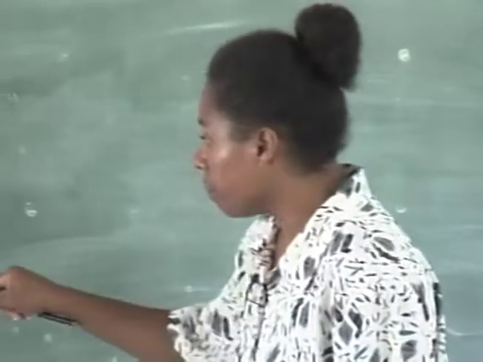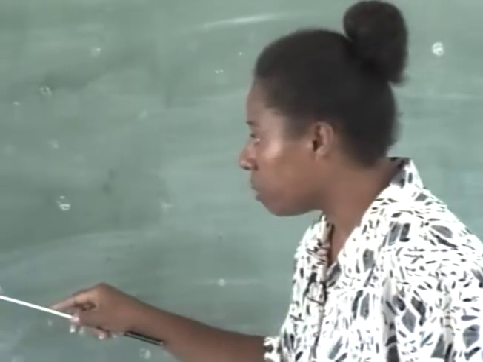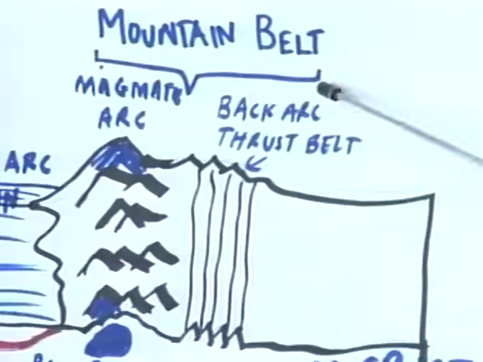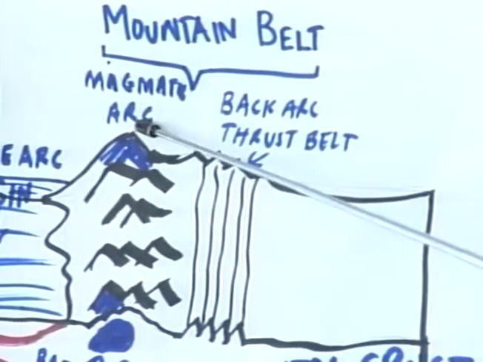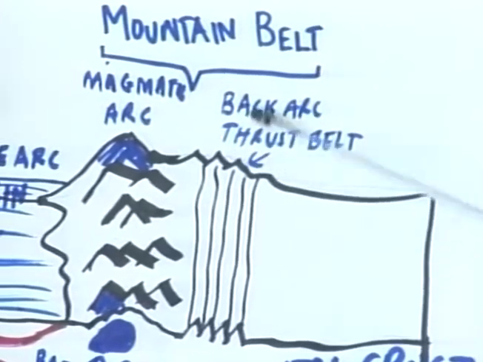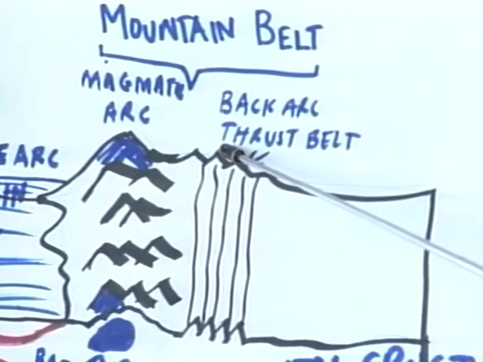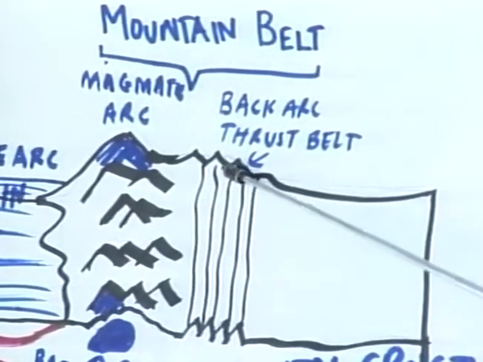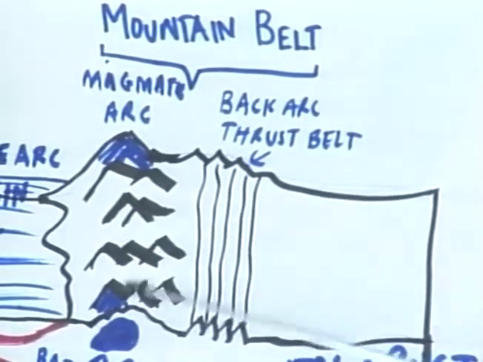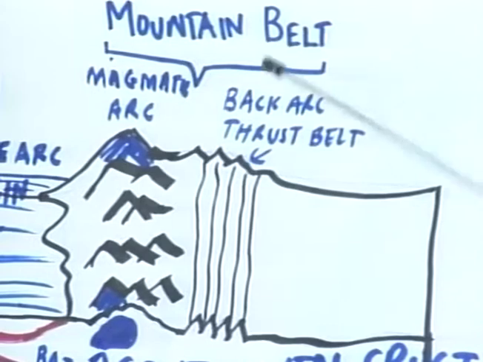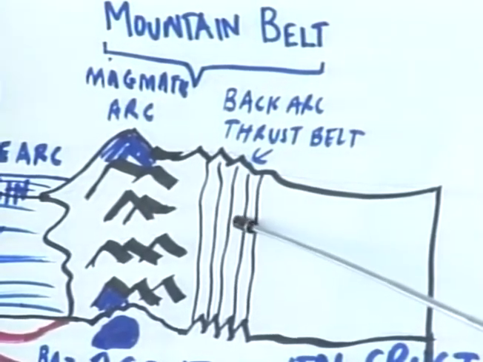So if you look at the diagram here and also on your worksheet, you will see the mountain belt, and from that mountain belt you will note the volcanic arcs, and you also note the young edge of the mountain ranges, or the young fold mountain belt that is. So here you have andesitic volcanoes being formed where the mountain belt is, as well as the young fold mountain belt which is also formed.